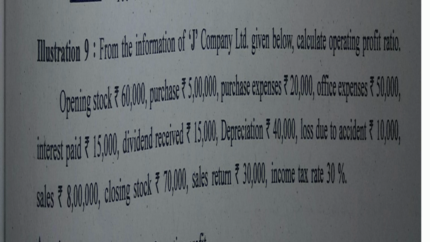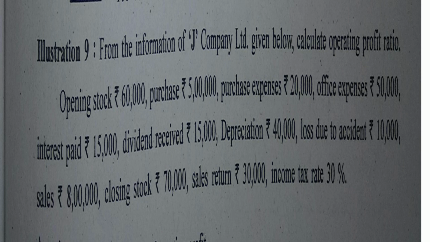Opening stock 60,000, purchase 5 lakh, purchase expenses 20,000, office expenses 50,000, interest paid, dividend received, depreciation, loss due to accident, sales, closing stock, sales return, income tax. This much information is given. On the basis of this information, you have to calculate operating profit ratio.